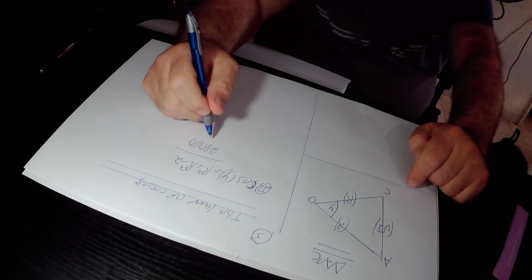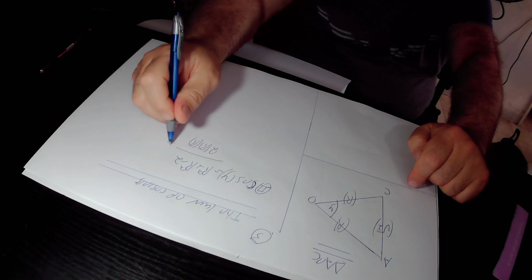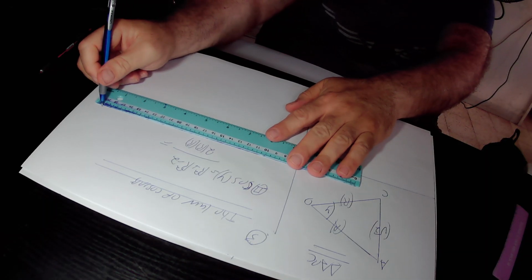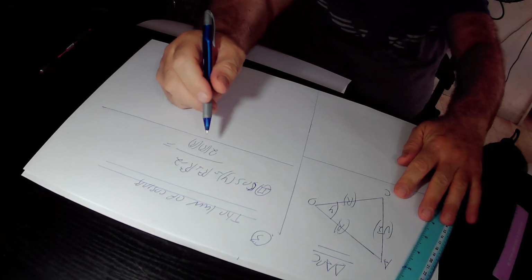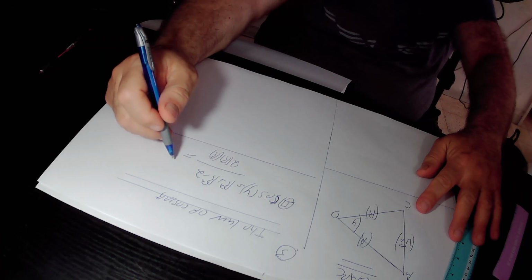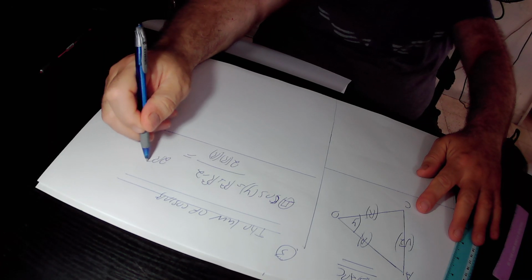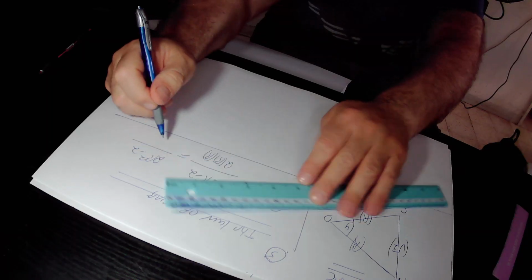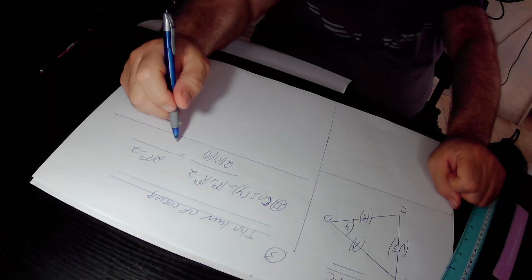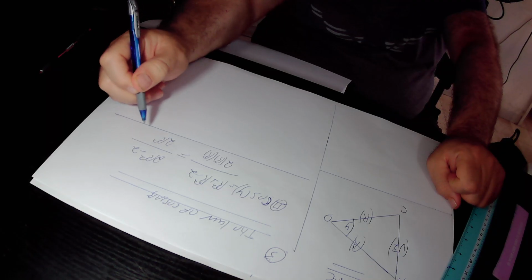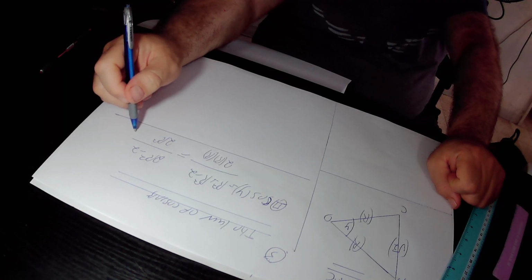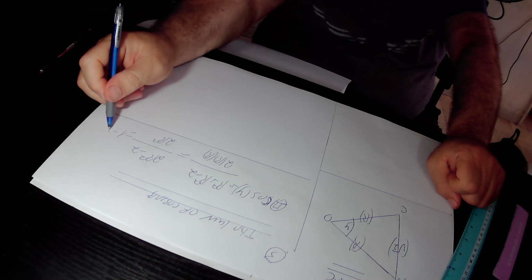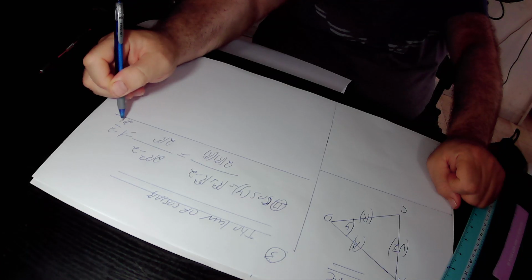So in total, in the denominator we have 2 times R times R. So cosine Y equals R square plus R square, which is 2R square, minus 2, divided by 2 times R times R, which is 2R square. 2R square over 2R square is 1, and we have also here minus 2 over 2R square.